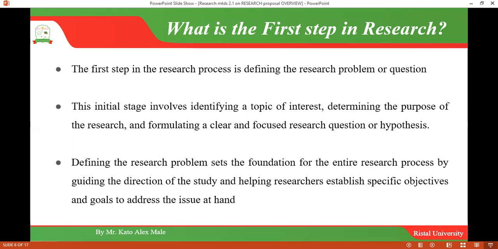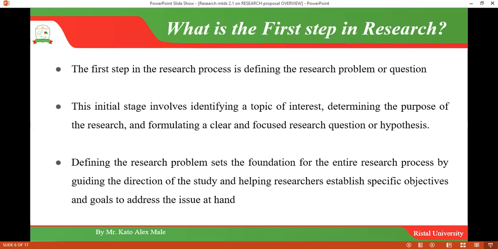Now we know what a research question is. We know what a hypothesis is. We know the topics. We are going to come up with a topic, but at least you know your research needs a topic. Defining the research problem sets the foundation of the entire research process by guiding the direction of the study and helping researchers establish specific objectives and goals to address the issue at hand.